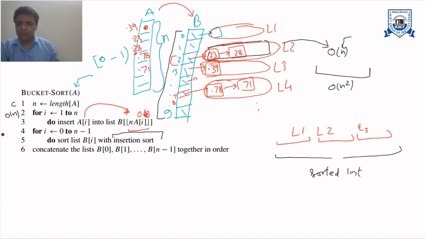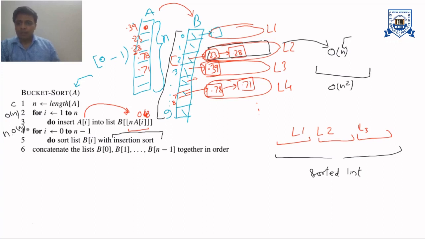So here, if there are n buckets and we are performing sorting on each bucket, then in every bucket the complexity is O of, let's say, n1. Here n1 is the number of elements in a bucket, in one list. So n into O of n1, again linear. The multiplication of two polynomials is again a polynomial.